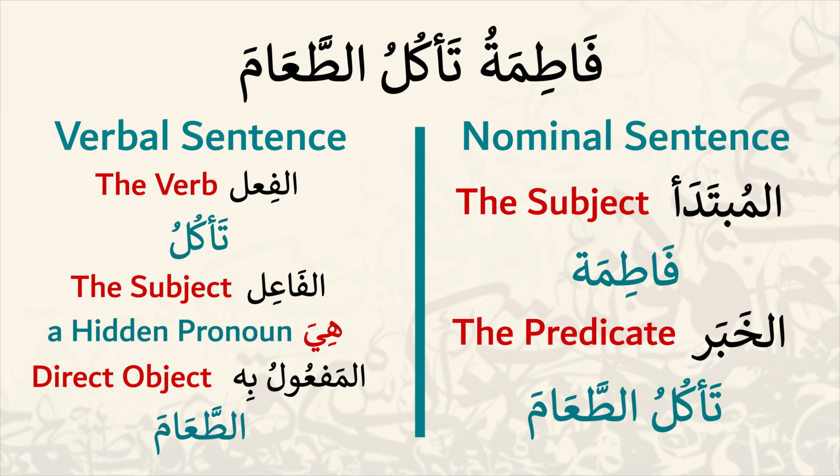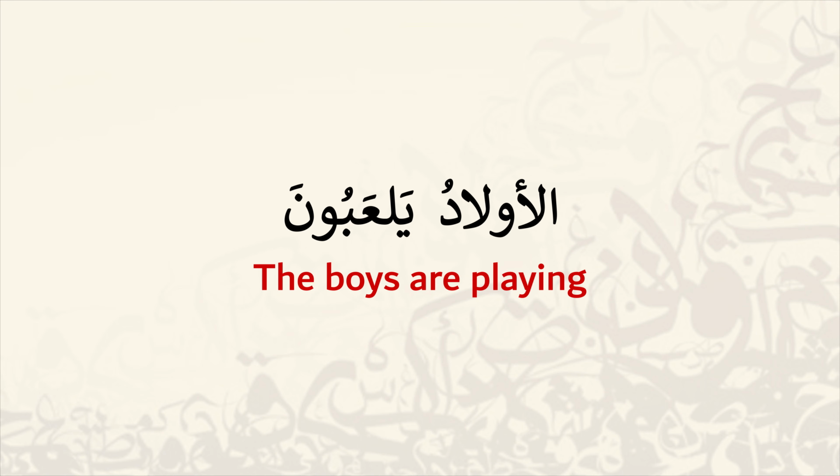So far we have seen an example of the subject as an obvious noun and another example in which the subject of the verb is a hidden pronoun. Now let's see how the subject can be a connected pronoun to the verb. الأولاد يلعبون. The boys are playing. This example is just like the previous one.